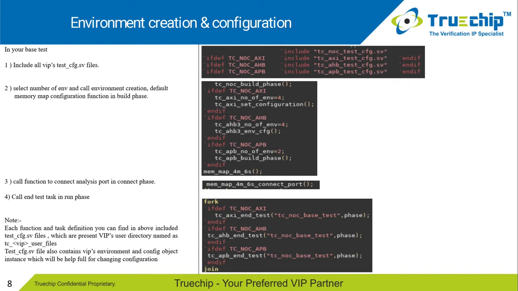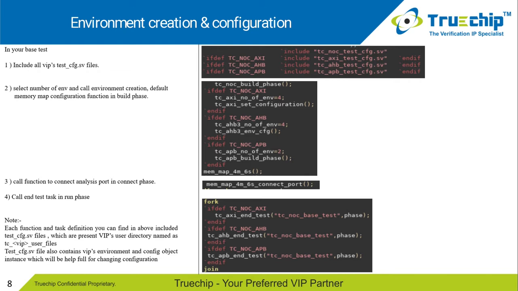This file has all VIP environment handles and config object handles. So after including these test config files, user can call some functions in their base test build phase, like tc NoC build phase, tc axi number of env equal to 4. Here we are setting the total number of environments of AXI, whether in master or slave.